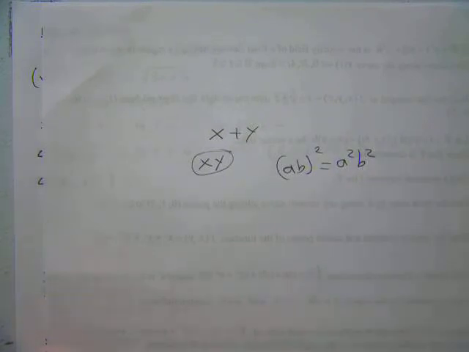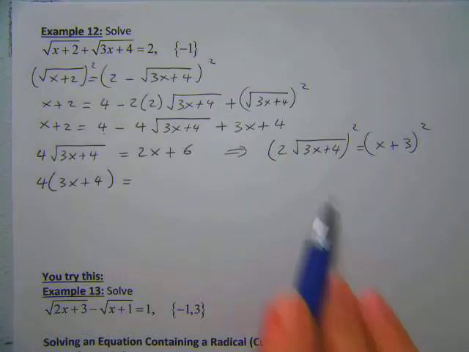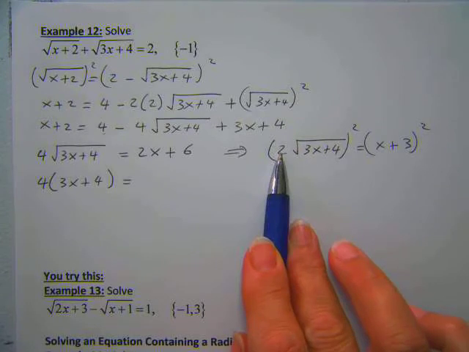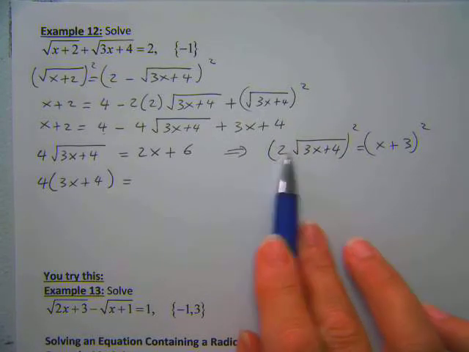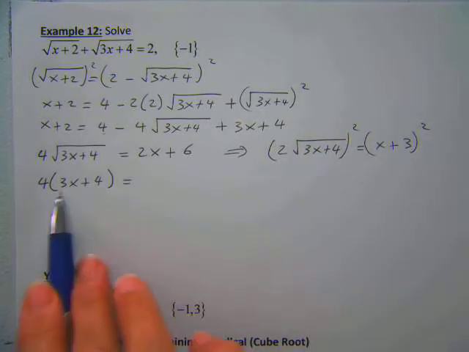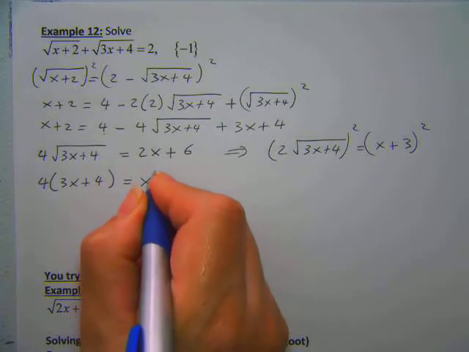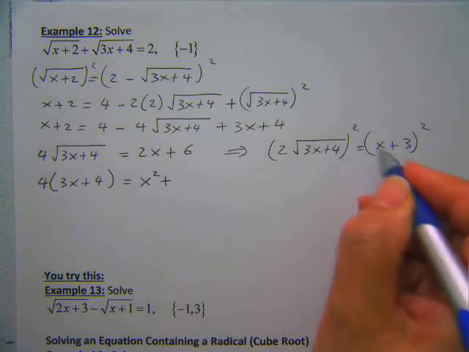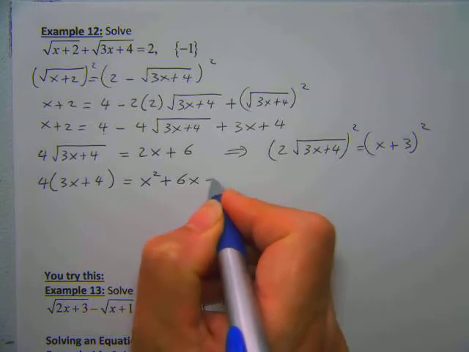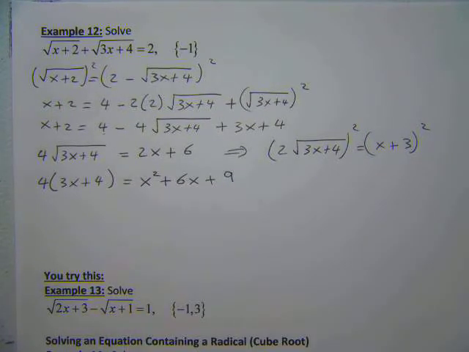So a product squared, you square each one. So I have a product squared, so it's 2 squared, which is 4, times the square root squared, which is what's inside. Let's square this binomial, so that's x squared plus twice the product of these two, so 6x plus 9. Let's continue.